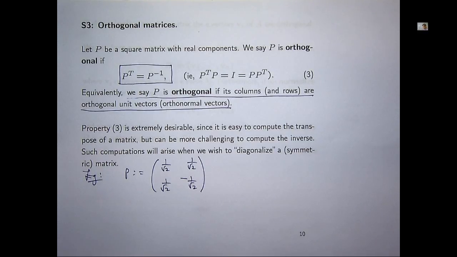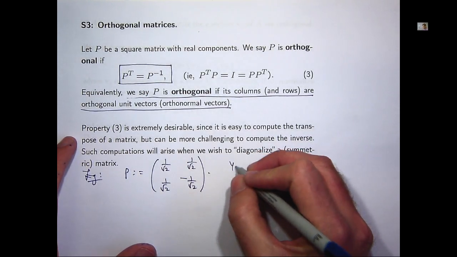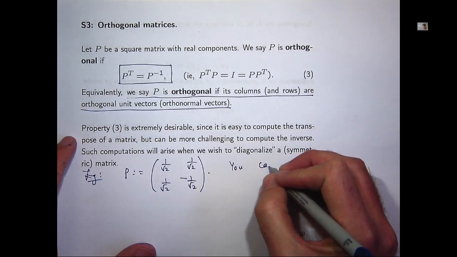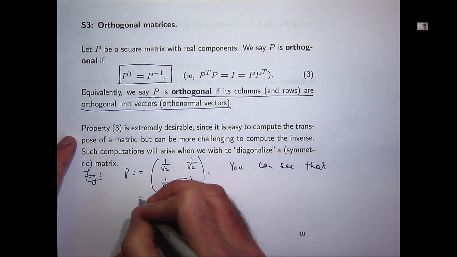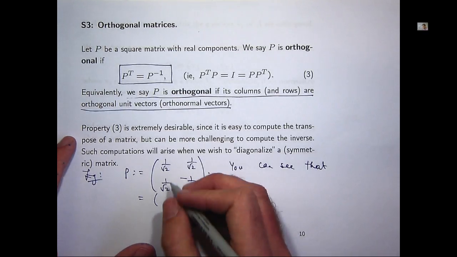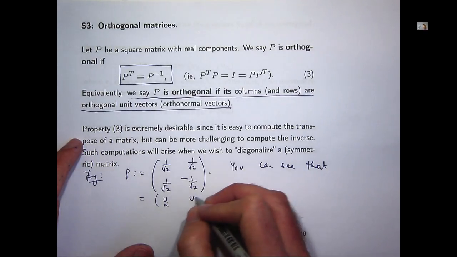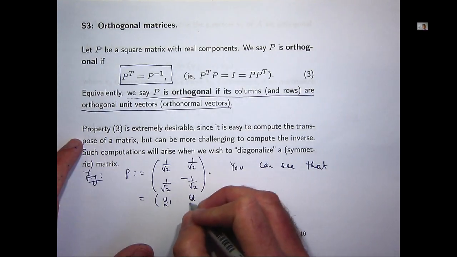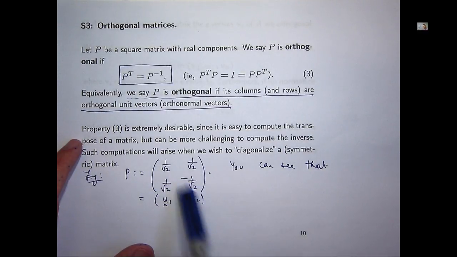If you want to verify, let's call the columns U1 and U2. U1 is this vector, U2 is this vector.